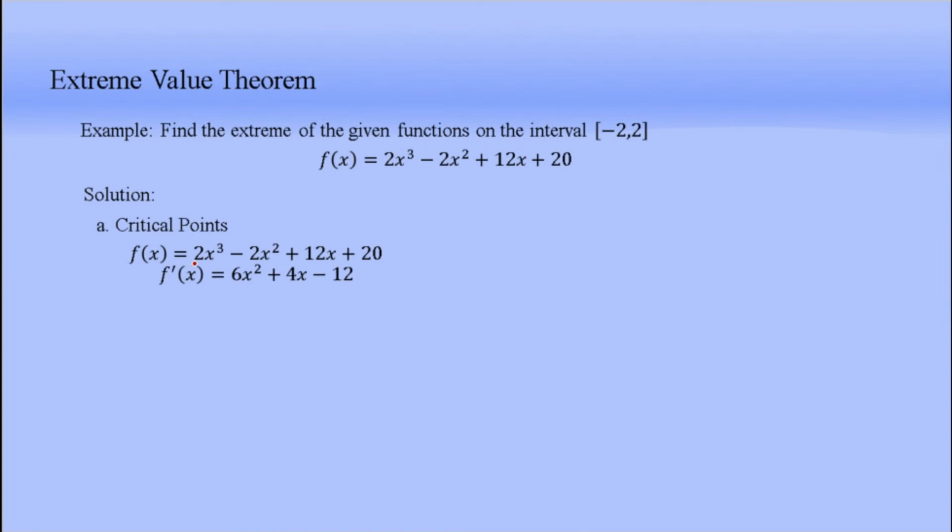And so the derivative of 2x cubed is 6x squared. By the way, I'm just going to change the signs: this is going to be positive, and this negative, and then this is positive, and negative.